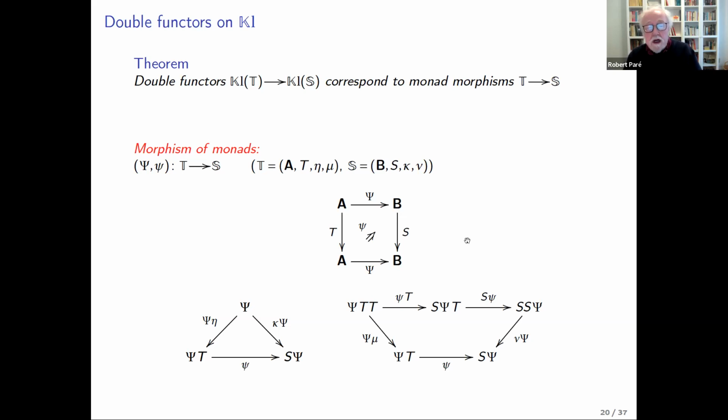Well, a double functor from the Kleisli on the monad T and the Kleisli on the monad S correspond to monad morphisms from T to S. So monads are monoids, and so you would think that monad morphisms are monoid homomorphisms, but we're thinking now of monads on possibly different categories, A and B, and so you have to sort of switch from A to B. And so a morphism from T to S is a functor from the A that T lives on into B, and a natural transformation now going from psi T to S psi, and it preserves units in this sense, and it preserves multiplication in this sense here.